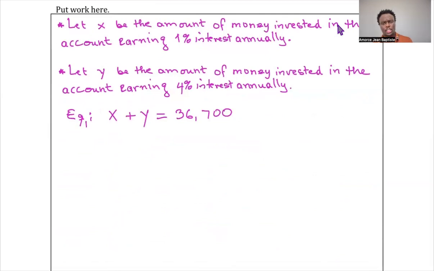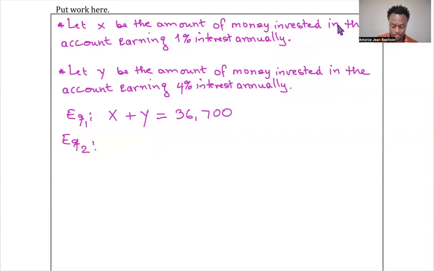But there's another situation that we can take into account for equation 2, which gives the total interest that he earned from the two accounts in 1 year.